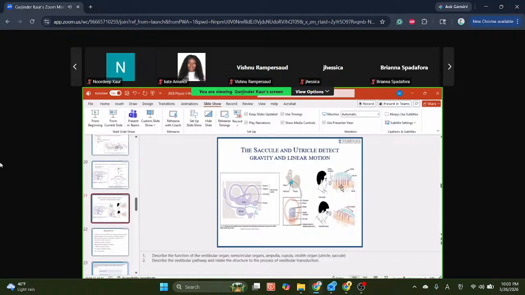So if you are moving your head forward, you are basically bending your cilia. That opens up the channels and this is going to depolarize. Does it make sense? So it's essentially gravity controlled.